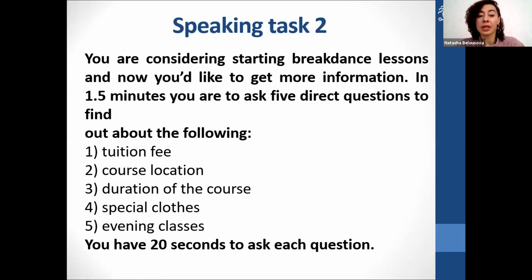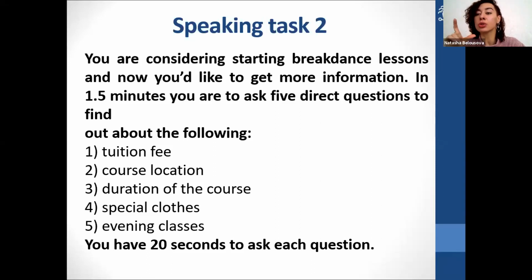Another important thing is that when they ask the first question, they have to include quite a lot of context. So, for example, they can't just say how much are the lessons. They could, but it would be good to say how much are the breakdance lessons, because otherwise it's not clear what they're talking about.